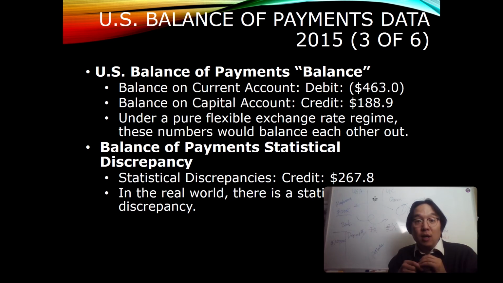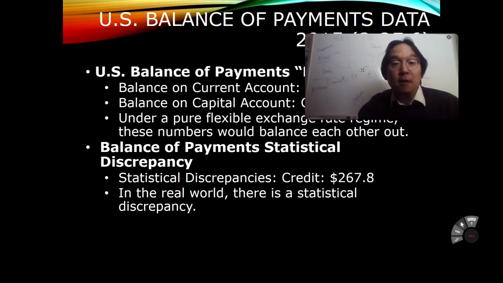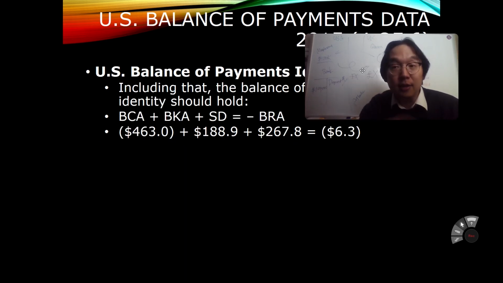Under a pure flexible exchange rate regime, these numbers would balance each other out, but it's not the theory world, it's the real world. So you see discrepancy, and statistical discrepancies in this year for the US turned out to be $267.8 billion. In the real world, there is a statistical discrepancy like this every year.